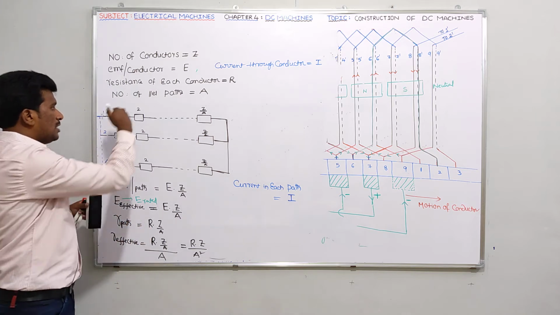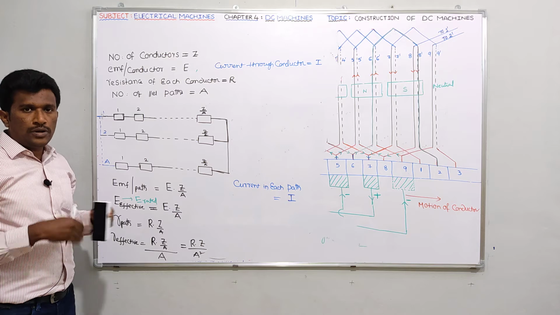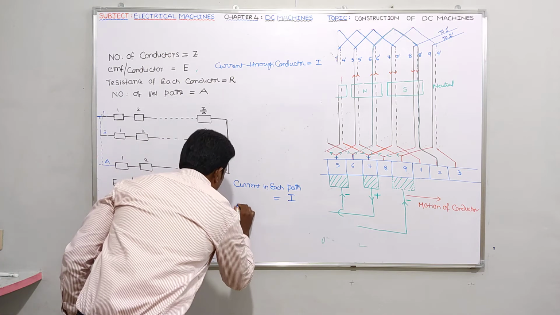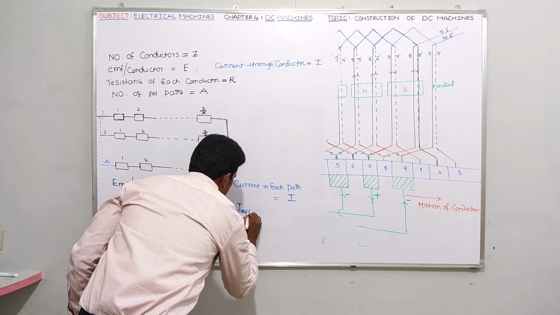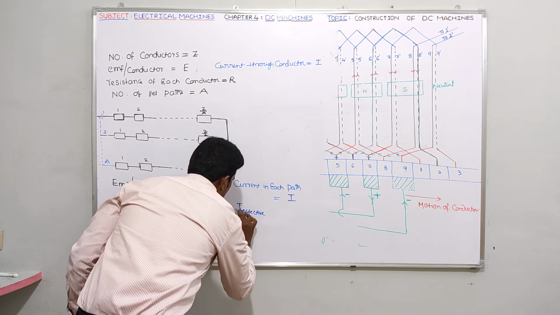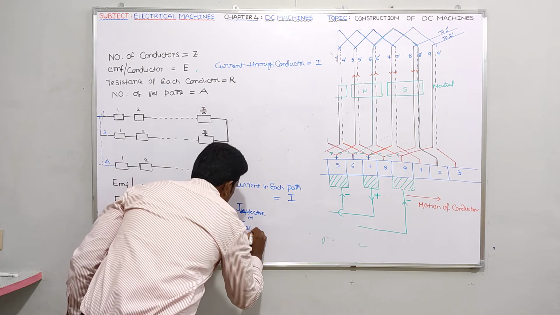So how many parallel paths are there? Capital A. So what about the rated current, or I can say effective current? Please tell me the effective current, IA effective, meaning armature current effective, or IA rated value, equals how much?